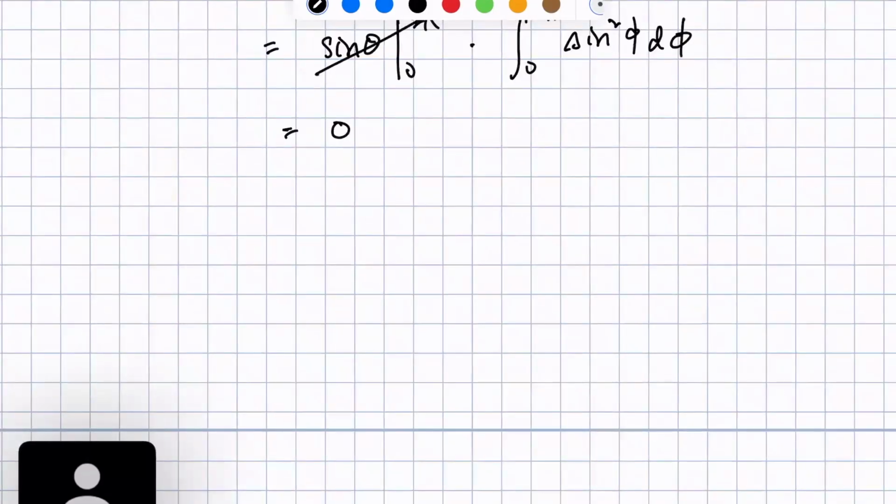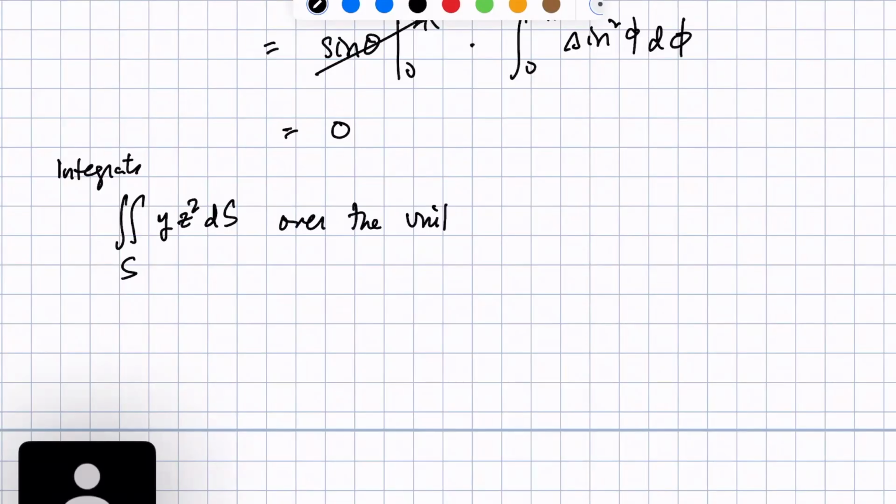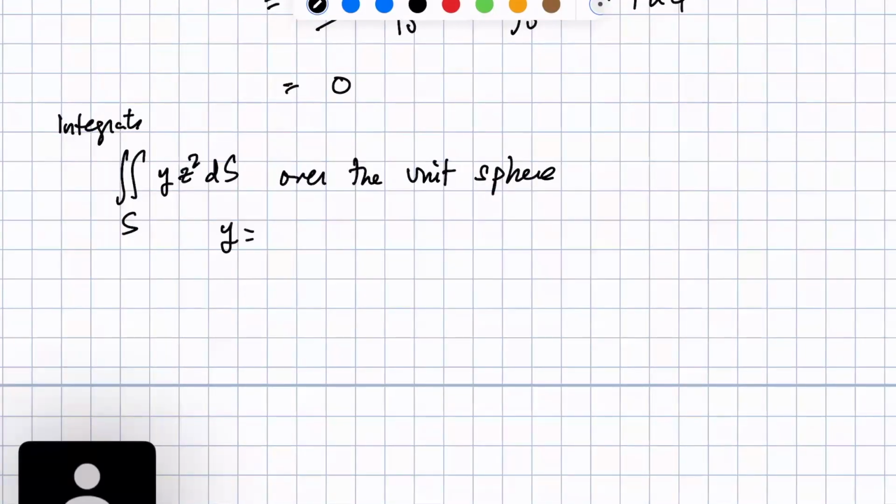Let's pick another example. What if I had y z squared dS? Integrate this over the unit sphere. So here, let's just think about y.